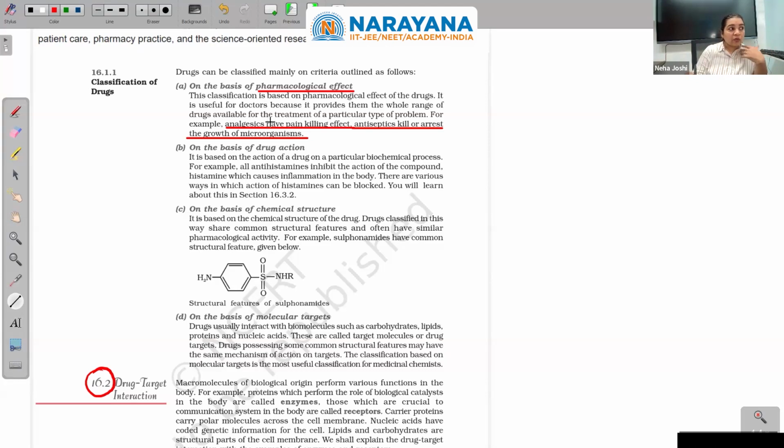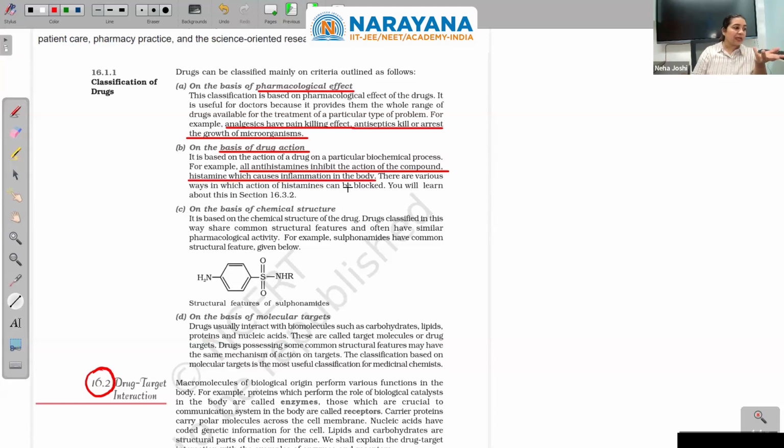Second is on the basis of drug action. This is how our body responds. It is based on the action of the drug on a particular biochemical process, a fixed process for how it is having an impact. For example, all antihistamines inhibit the action of the compound histamine, which causes inflammation in the body.